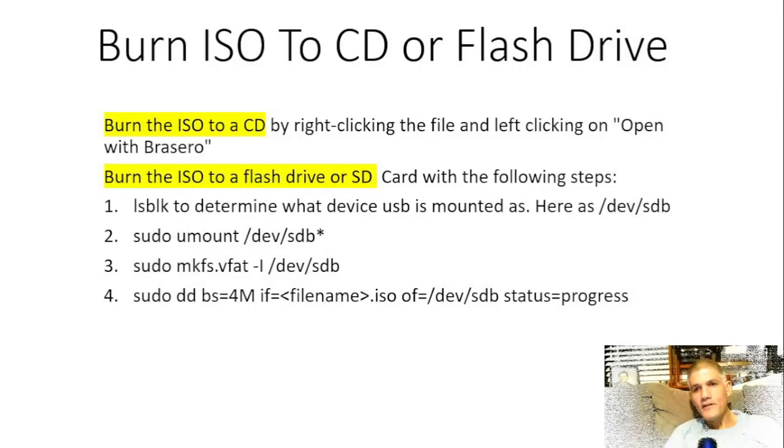In this particular case, usually the flash drive will be mounted as /dev/sdb. You're going to make sure the flash drive is unmounted by typing sudo umount /dev/sdb*. Then it'll probably say something like the device is already unmounted.